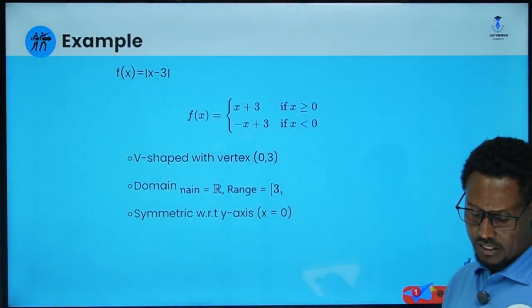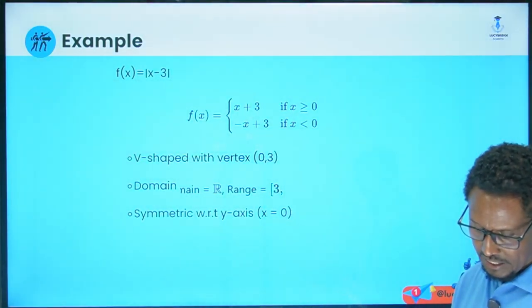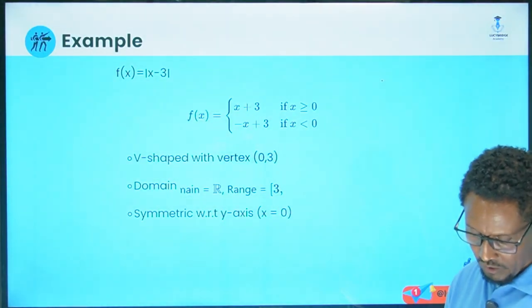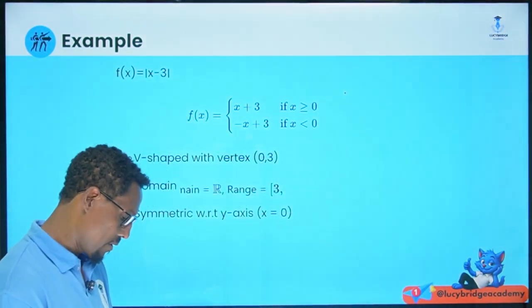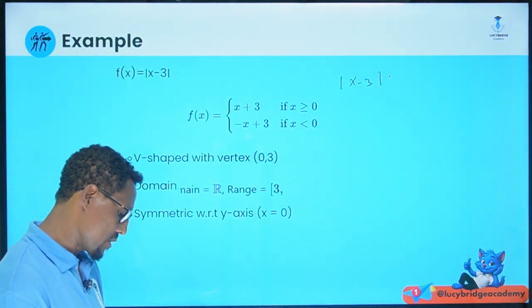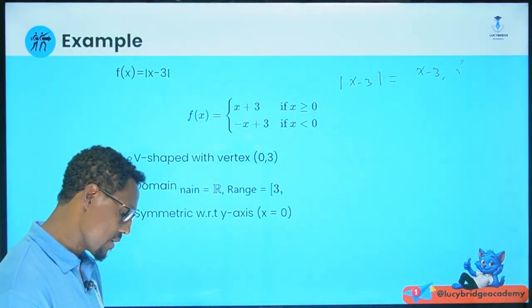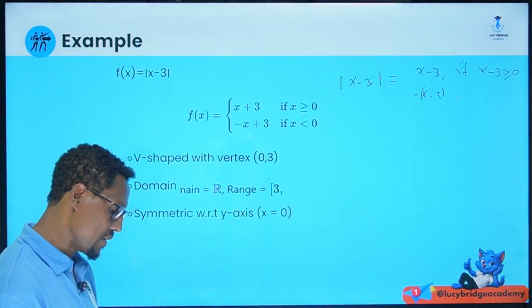Look, the absolute value of x minus 3 is equal to x minus 3 if x minus 3 is greater than or equal to 0, and negative x minus 3 if x minus 3 is less than 0.